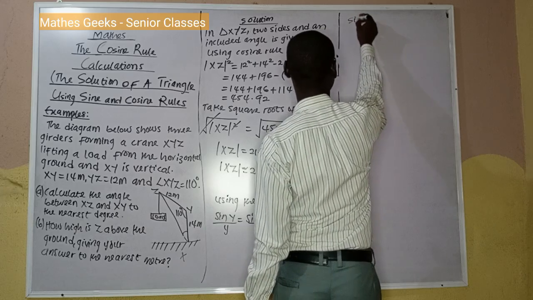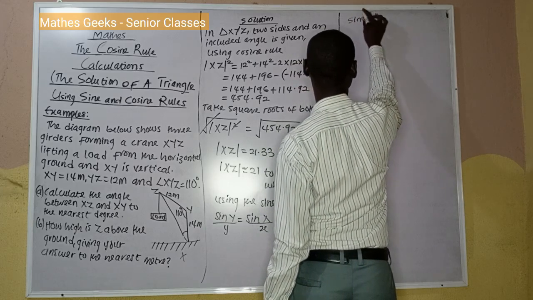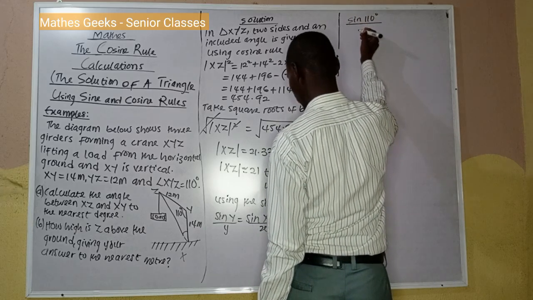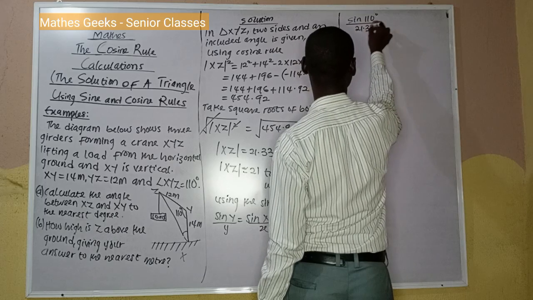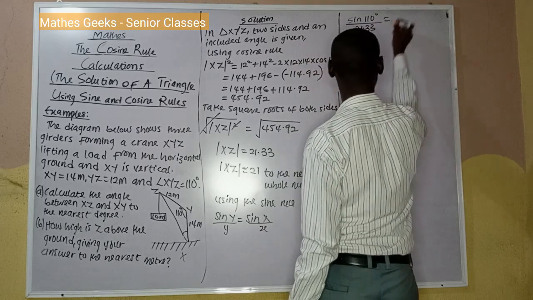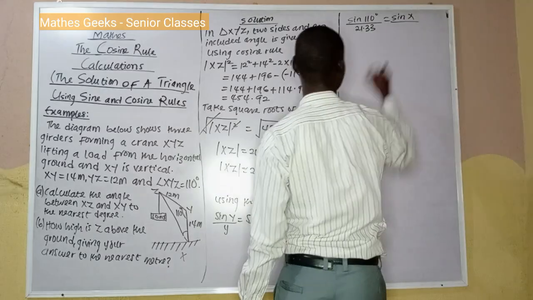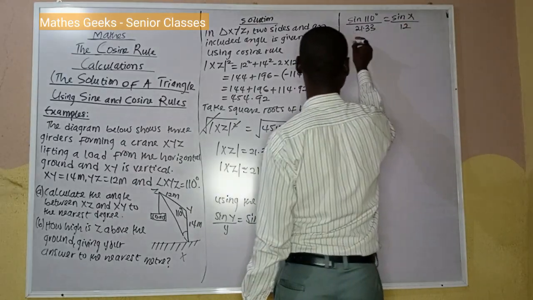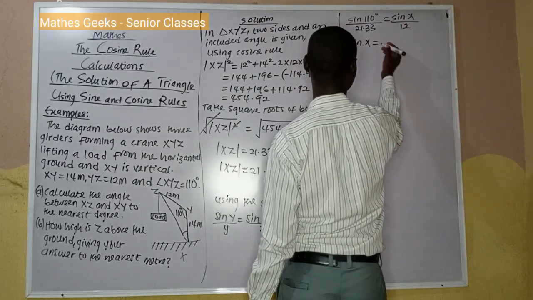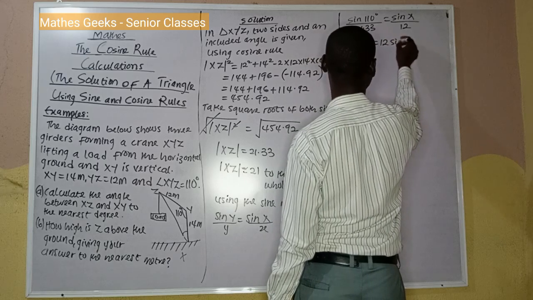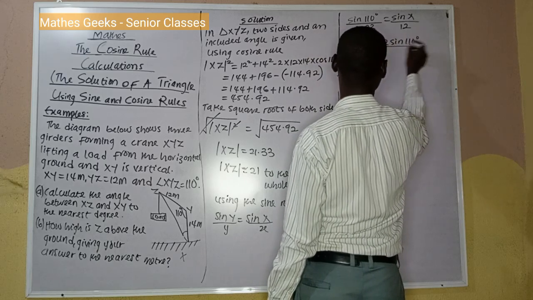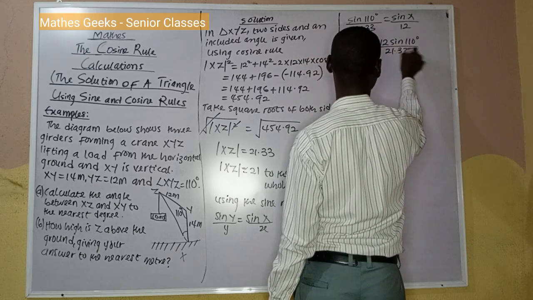Sine y, sine 110 degrees over 21.33 is equal to sine x over 12. So sine x is equal to 12 sine 110 degrees over 21.33.